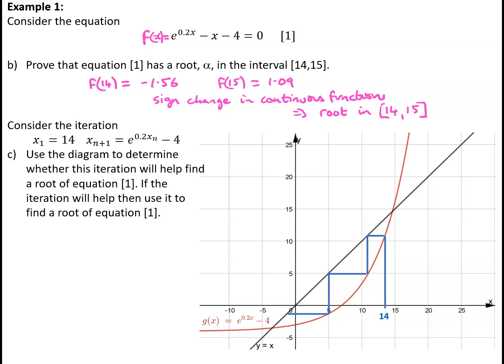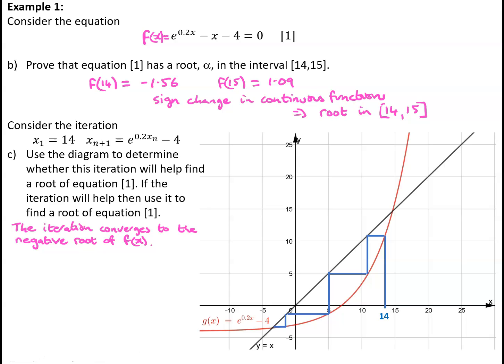Horizontally to the line will give me the point x4, x4. Vertically to the curve will give me the point x4, x5. And then horizontally to the line again will give me the point x5, x5. And we can see that this iteration is actually converging to the negative root of f of x equals 0.